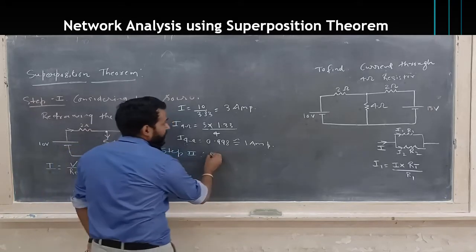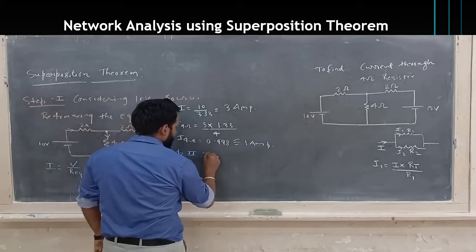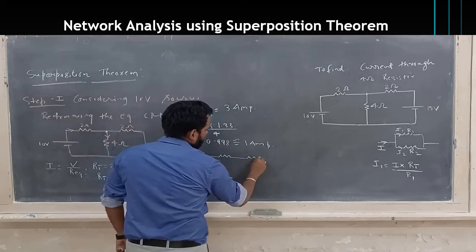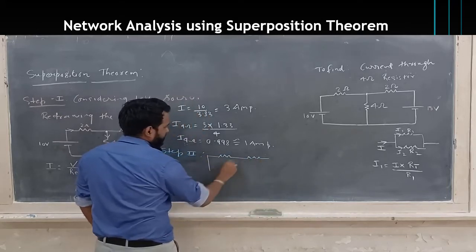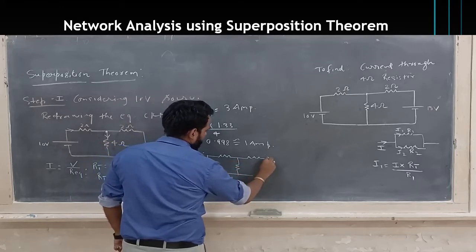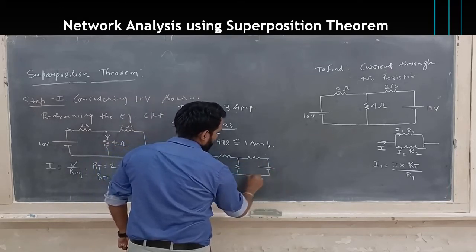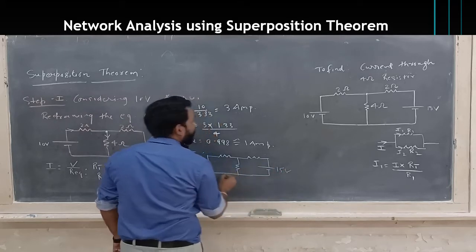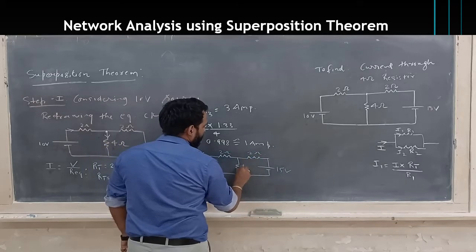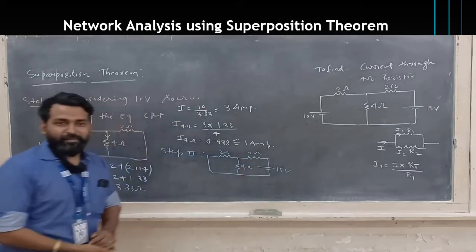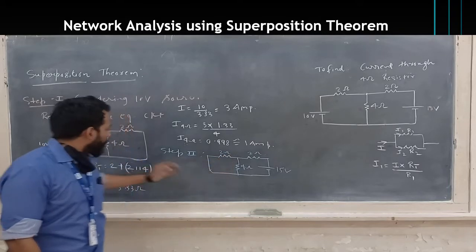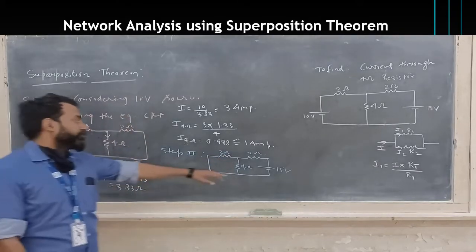It will be something like this. This is 15 volt. This is 2 ohm, this is 2 ohm, and this is 4 ohm. In this case, 2 and 4 are the same resistances, so almost the same calculation will be there.